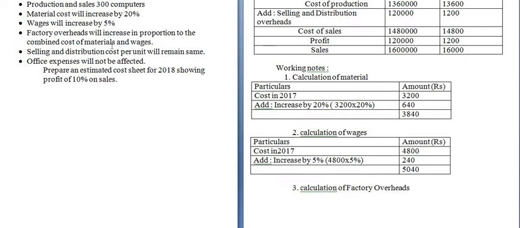Factory overheads will increase in proportion to the combined cost of materials and wages. Now, always remember, combined cost of materials and wages means it is prime cost. Understanding? Okay. Now, write on third working note, calculation of factory overheads. Now what they have told, it is combined cost of materials and wages.